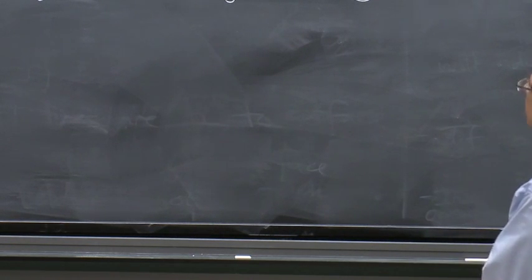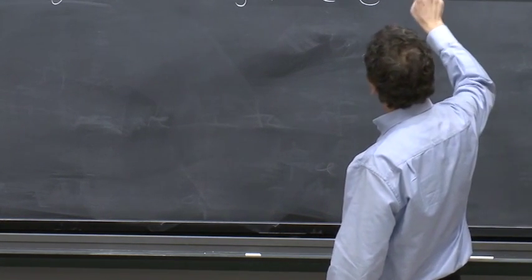Let's just check. Yeah, it works correctly. It's a first order differential equation, just one constant of integration. If you guess the answer, it must be the answer. And that's the time dependence of a stationary state: exponential of minus i E t over h bar.